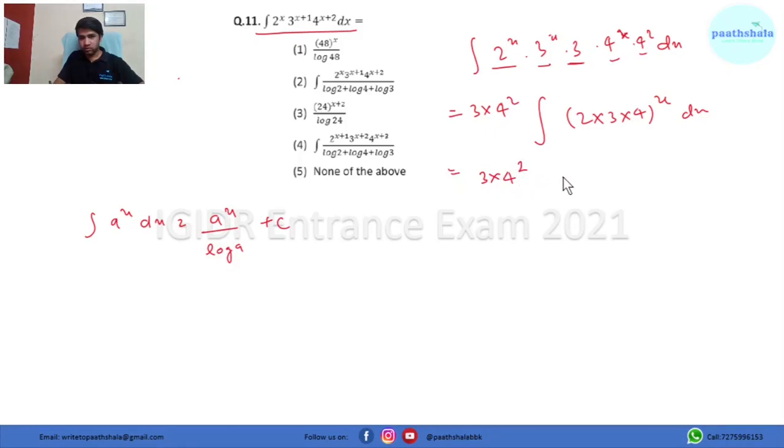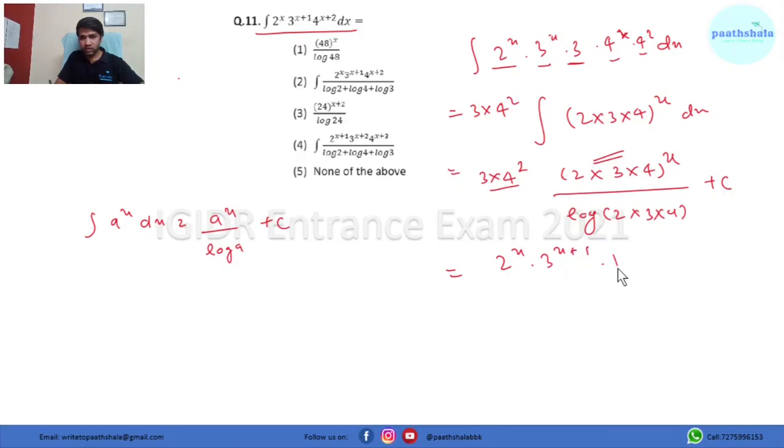So we are going to use this formula. If I take this as a, this will come out to be (2 into 3 into 4) to the power x divided by log (2 into 3 into 4) plus c. In the numerator, you will get the same as in the original function, so this will become 2 to the power x into 3 to the power x plus 1 into 4 to the power x plus 2 divided by, in the denominator, you can use the property of log, that is log m into n equals log m plus log n.